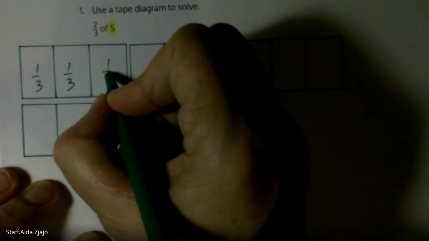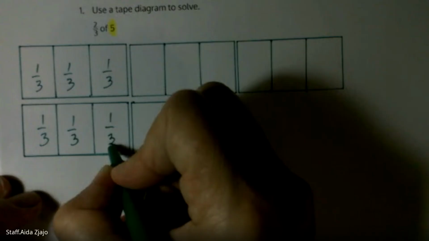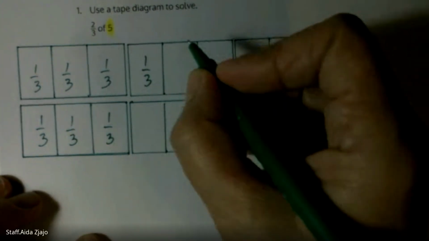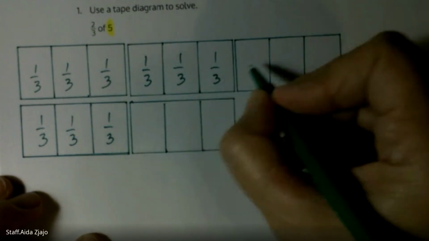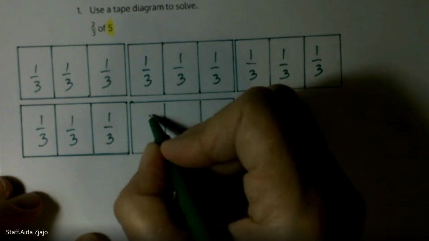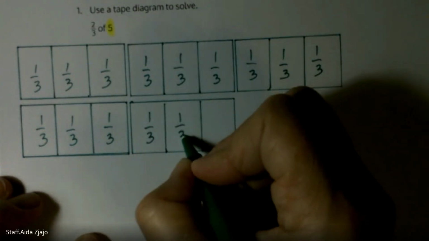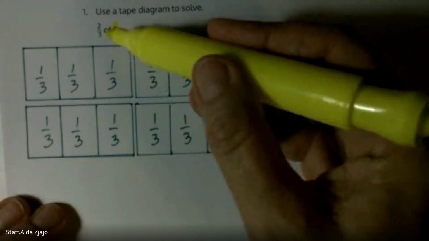So each of these is 1/3, but you needed to know what is 2/3 of these 5 whole batches. So how many chocolate chip cookies could you make? Each 1 whole, 2, 3, 4, 5 batches or 5 wholes.